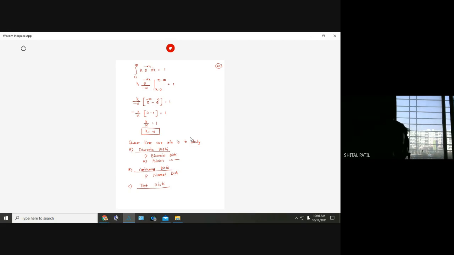Whenever we want to test this type of claim, we have to use test distributions. Many are there: ANOVA distribution, T distribution, and here we want to study the chi-square distribution. Chi is the notation for chi.